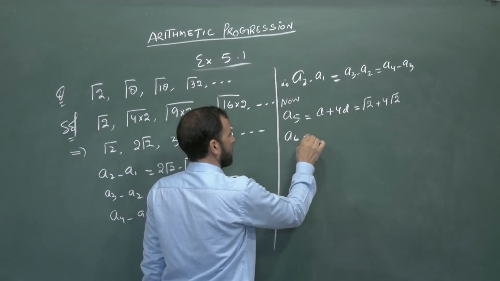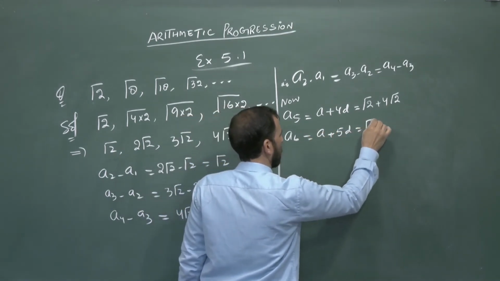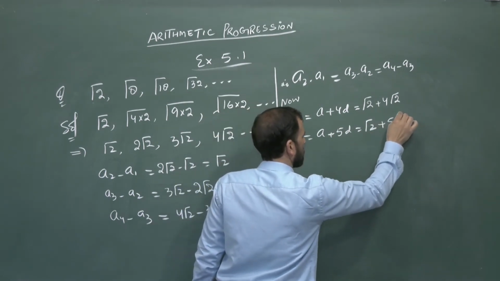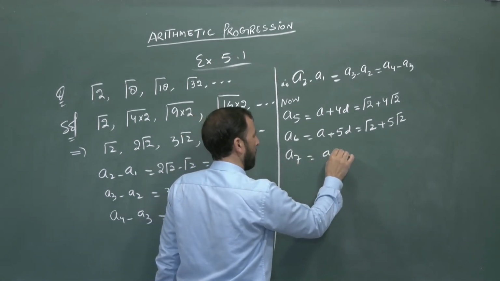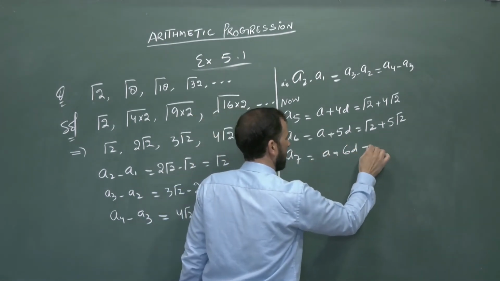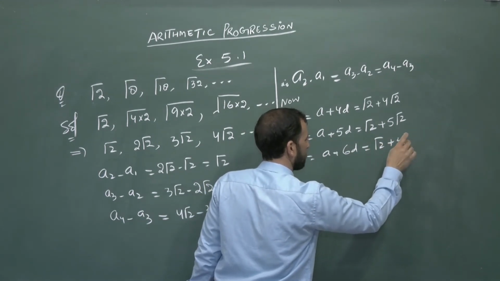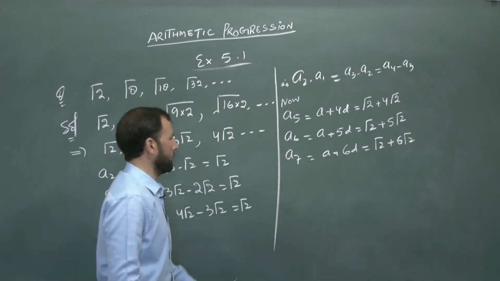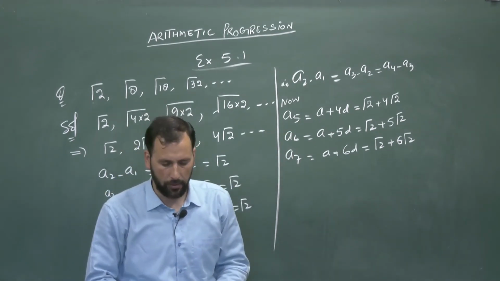Similarly, a6 is equal to a plus 5d, that equals square root of 2, the value of a here, plus 5 square root 2, and a7 is equal to a plus 6d, that equals square root of 2 plus 6 times square root of 2. So these are the next 3 more terms of the given arithmetic progression.